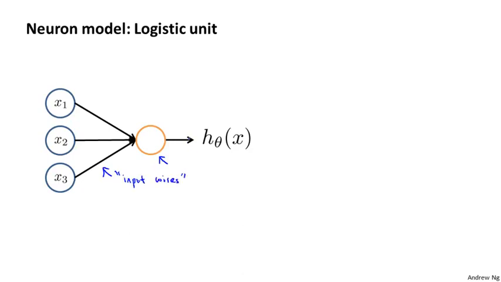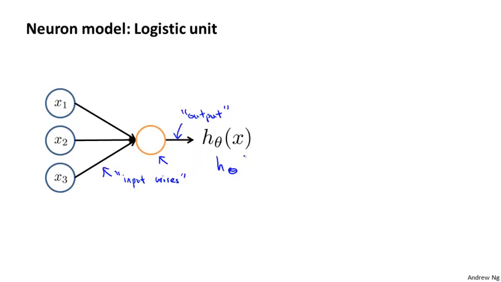And the neuron does some computation and outputs some value on its output wire, or in the biological neuron, this was the axon.